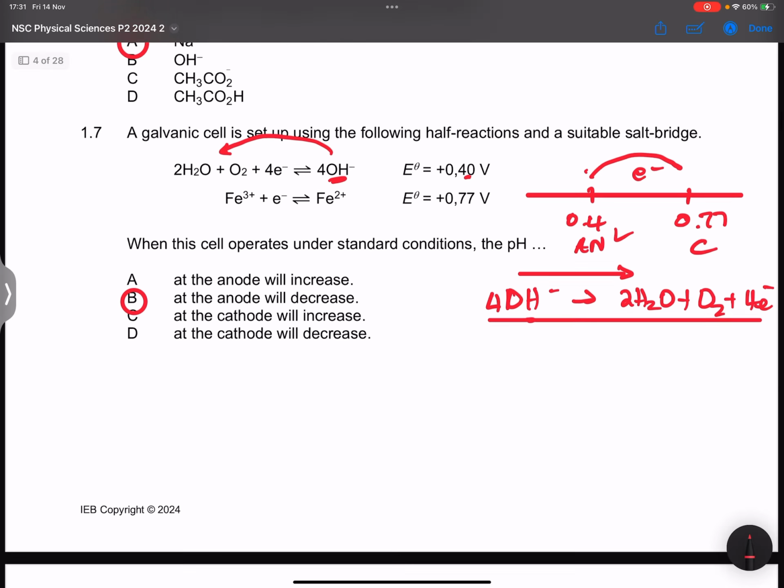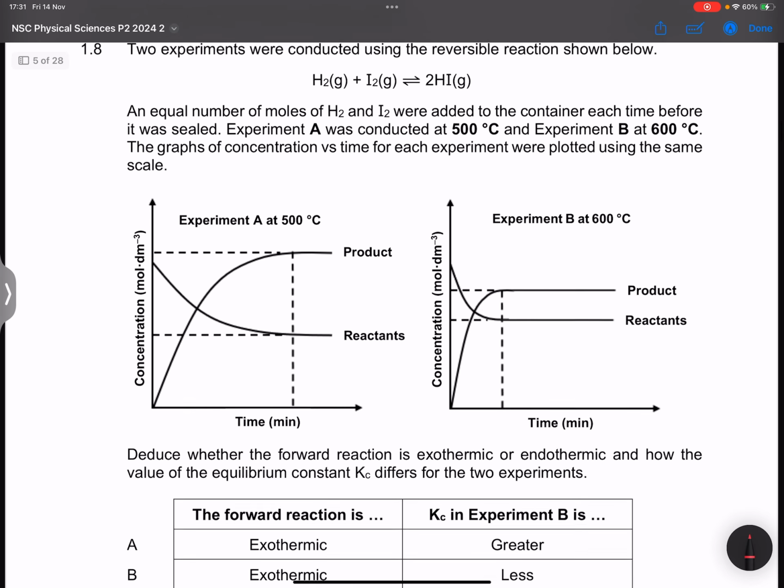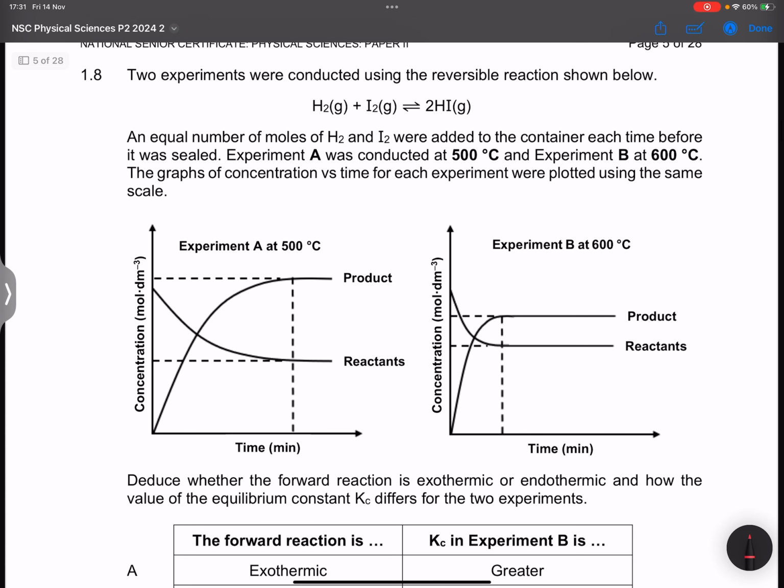All right. And then they say we've got two experiments that are conducted using a reversible reaction shown below. We've got hydrogen and iodine giving us 2HI. They say an equal number of moles of H2 and I2 were added to the container each time before it was sealed. Experiment A was conducted at 500 degrees and experiment B at 600 degrees, right?